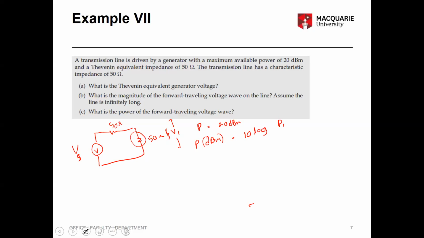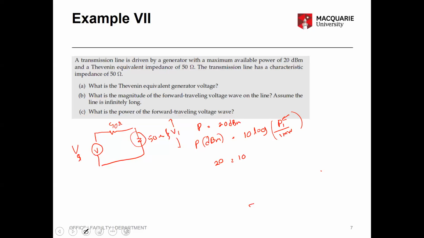If this is the power you're going to represent in watts, then in dBm it's compared to 1 milliwatt. So if you convert P1 to milliwatts, with respect to 1 milliwatt, and then take 10 log of that value, you get the power value in dBm. So in this case, it's 20 dBm.